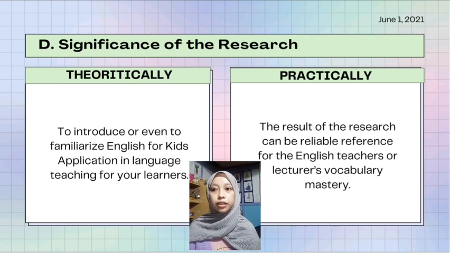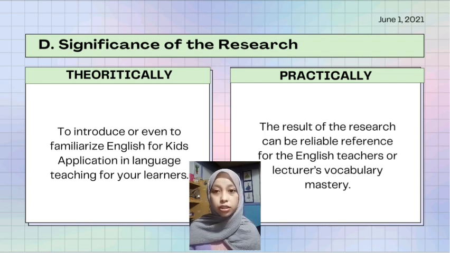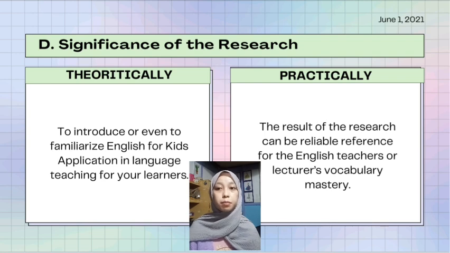The theoretical significance of this research is to introduce or even to familiarize English for Kids application in language teaching for young learners. The results of the research are expected to give more information to further researchers about using English for Kids application in learning and teaching English to improve vocabulary achievement for young learners.